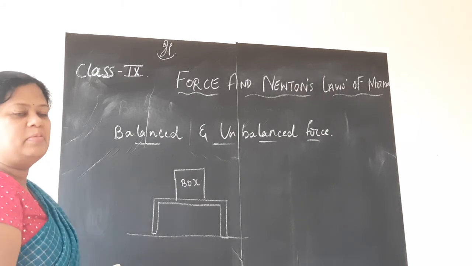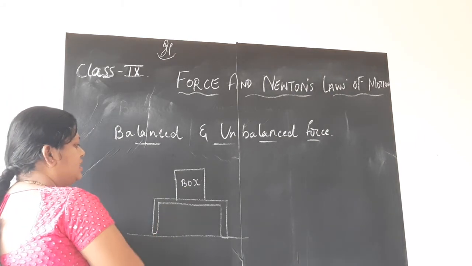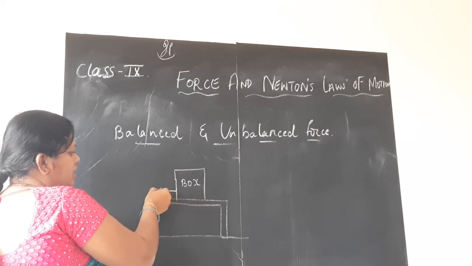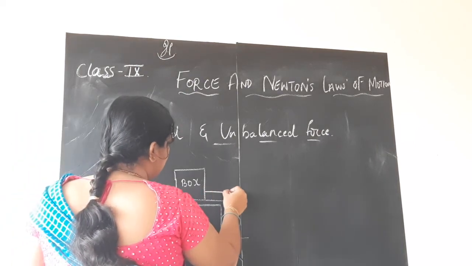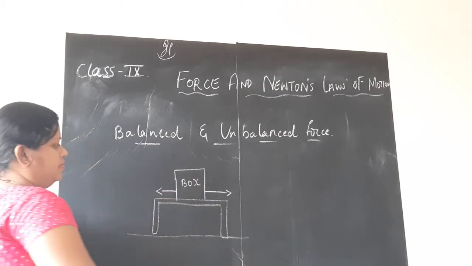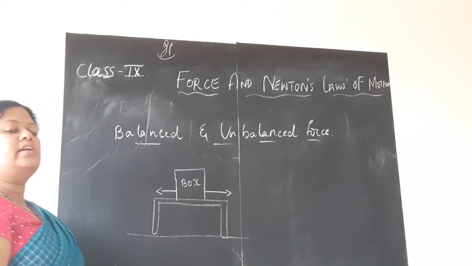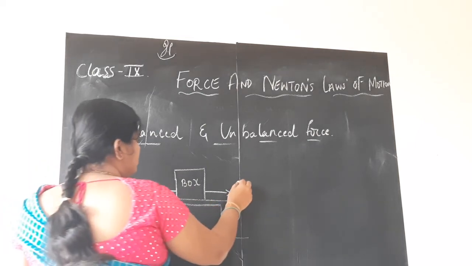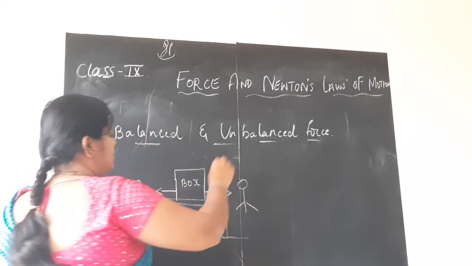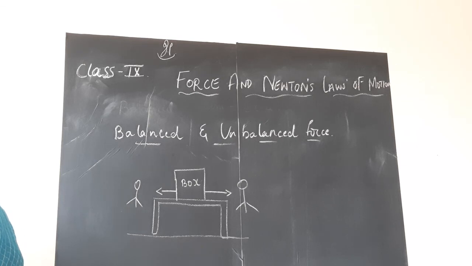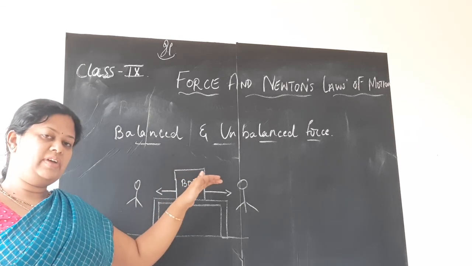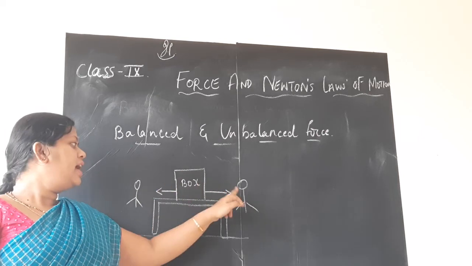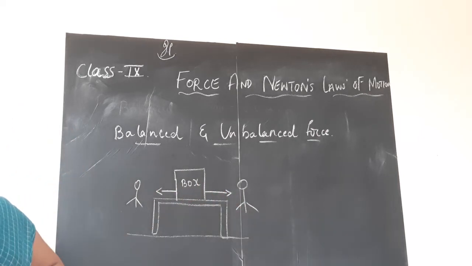Imagine this is the table and we have placed a box on the table. I will tie threads on either side of the box and I will make two persons stand on either side. Upon the table we have placed the box, tied the thread towards either side of the box, and two persons are standing.